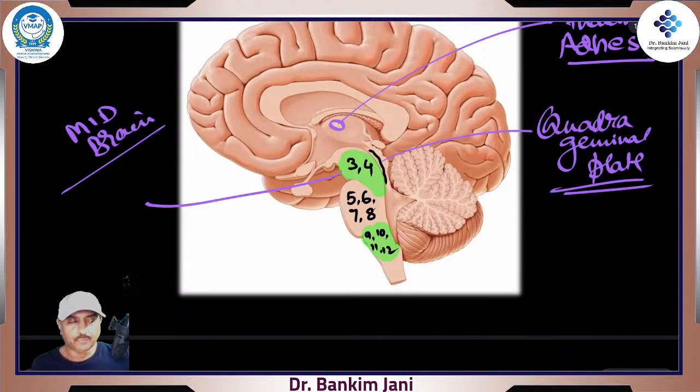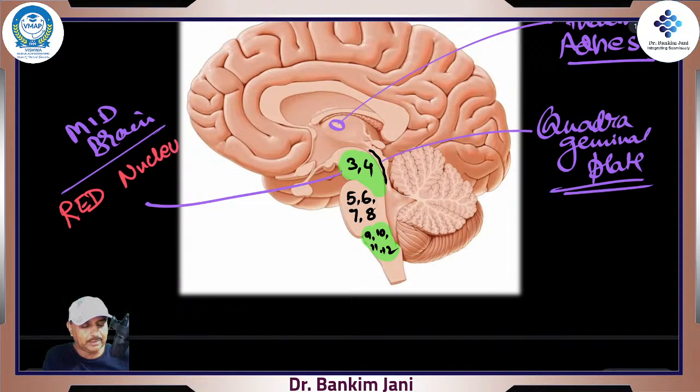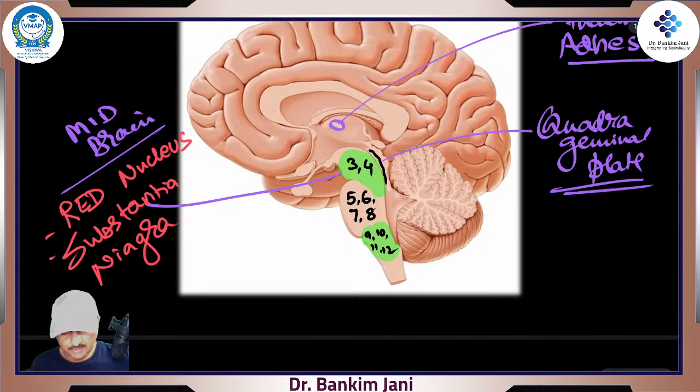Cranial nuclei 3, 4, that's good to know. Remember two small things, right? Their importance will come later, but do remember them. Let's write it in red color because its name itself is red nucleus. Red nucleus. And one more, substantia nigra. Substantia nigra, and cranial nuclei number 3, 4.